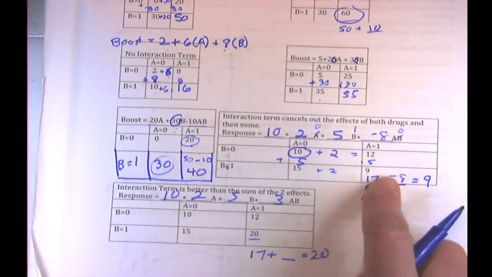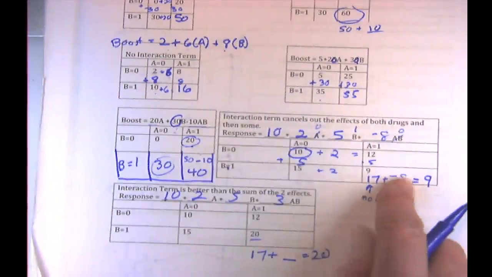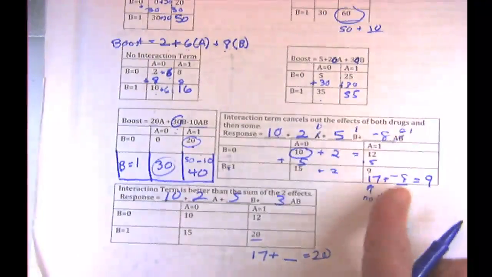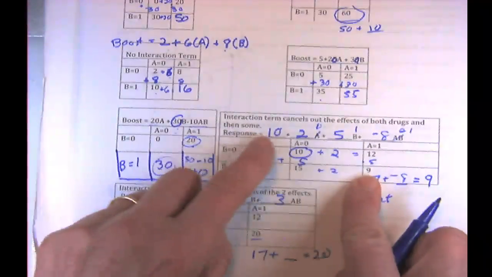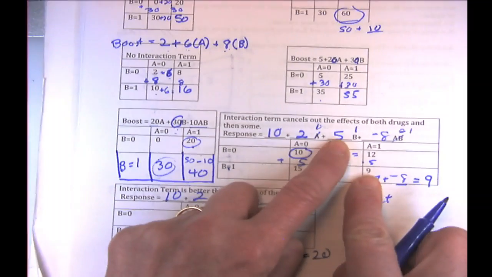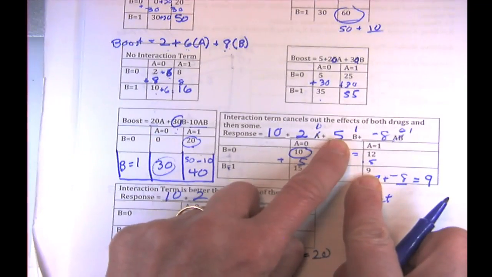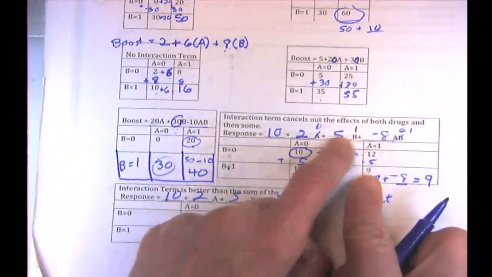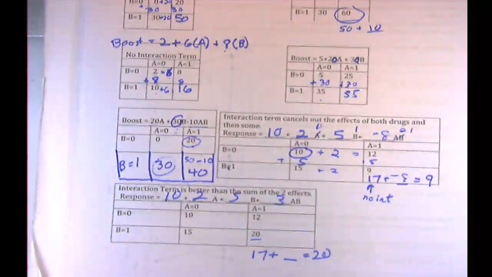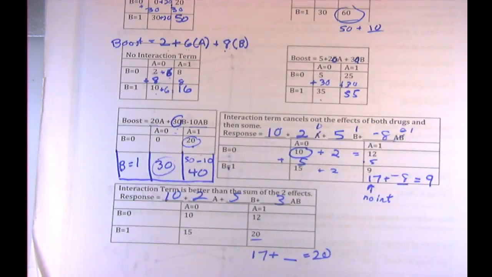You could say, okay, in this box, A and B are both 1. So you can pencil in a 1 here, a 1 here, which makes a 1 here. And we got 9. So you say 10 plus 2 plus 5 is 17, and I want to get down to 9. So 17 minus 8 is 9. Does that make more sense? Okay. Any other questions?